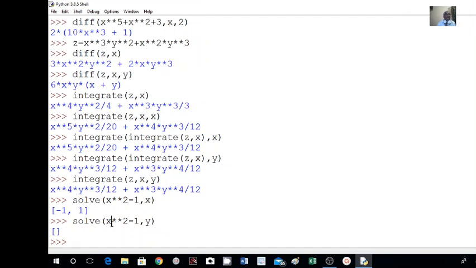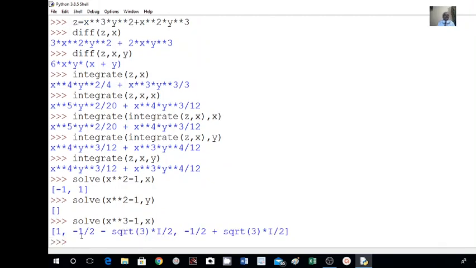Similarly, if I make this as say 3, I will make this as 3. In terms of x, I enter x cube minus 1. Yeah, this is 1, omega, omega square.